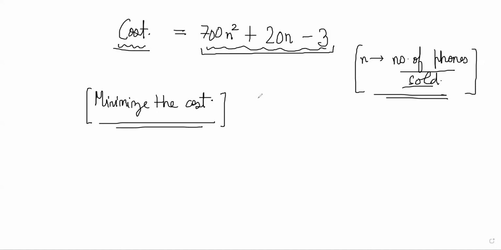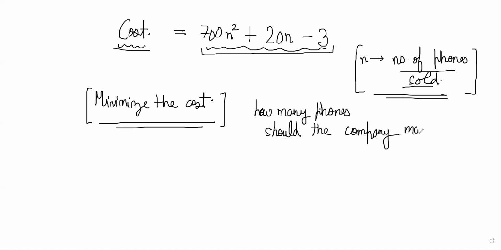So if the company knows that the cost depends on the number of phones sold according to this equation, the simple question would be, how many phones should the company make to keep the cost lowest, right? Basically, what is the value of n so that C is minimum, right?